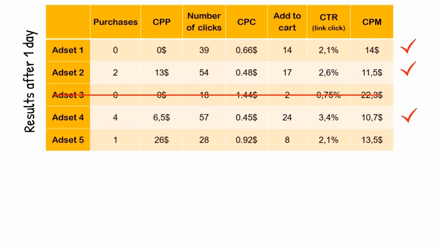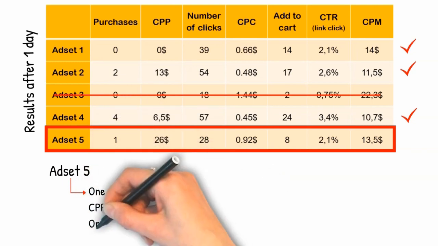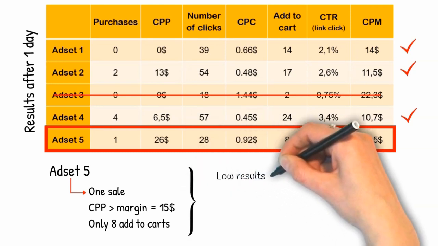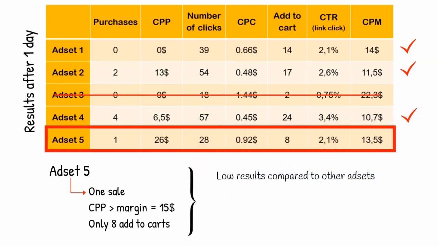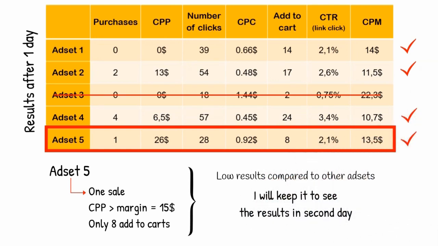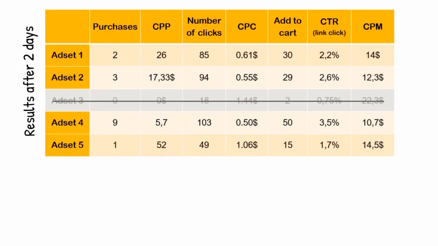Concerning ad set 5, we've made a sale. The CPP is not that good. We have only 8 add to carts, relatively low if we compare it to other ad sets. So I will keep it to see the results of the second day. Let's move now to analyze the results of the 4 remaining ad sets after 2 days.